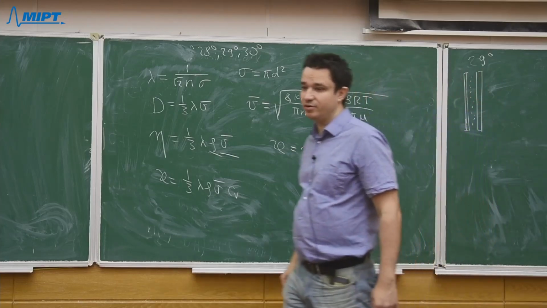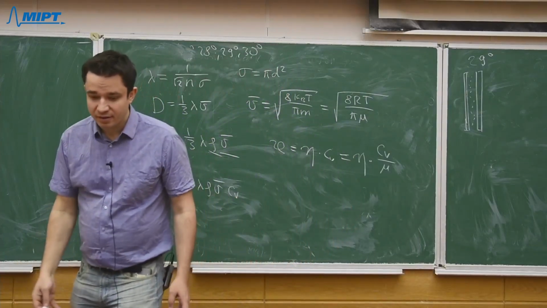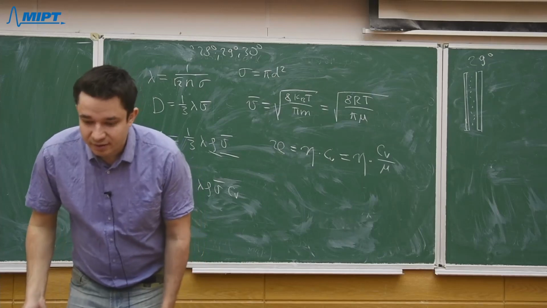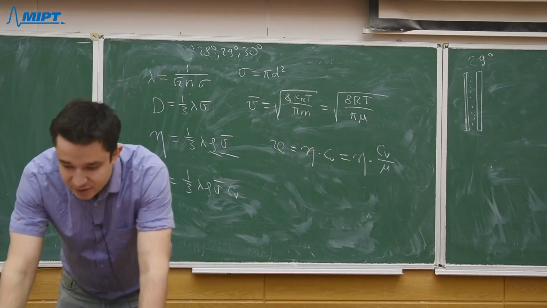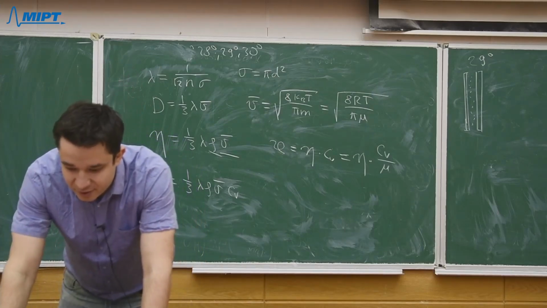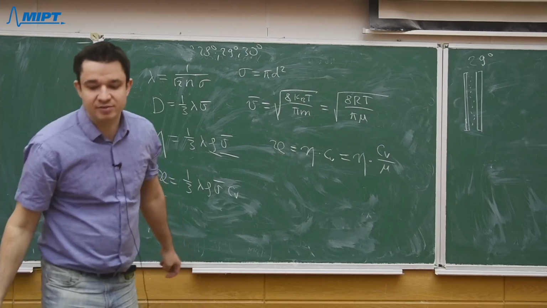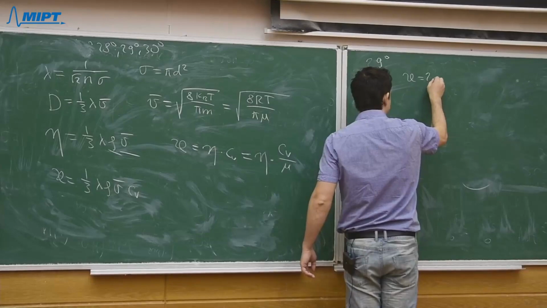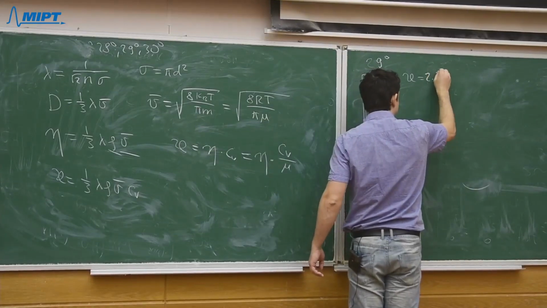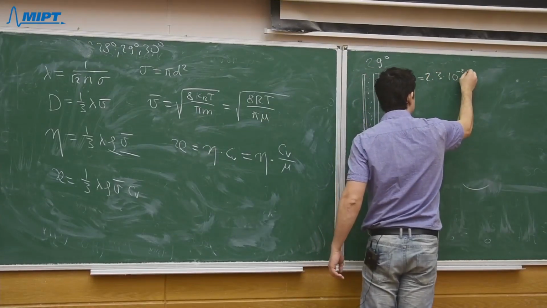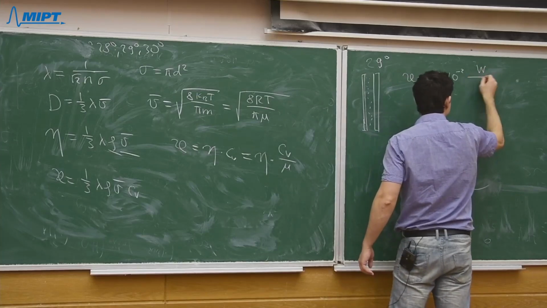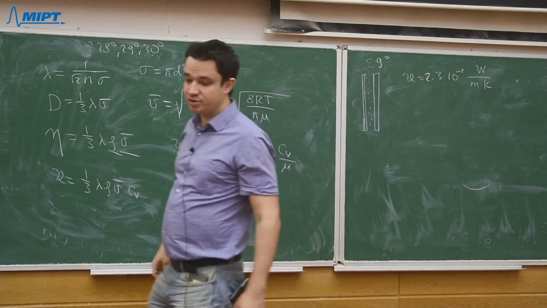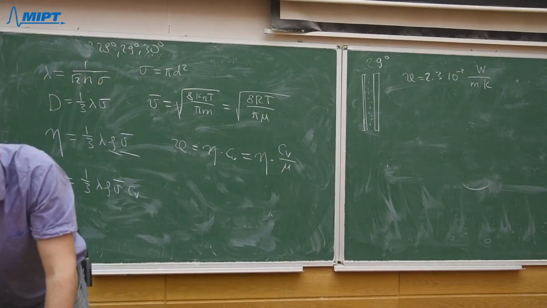And we know that kappa for air is 2.3 times 10 to the minus 2 watts per meter per Kelvin.